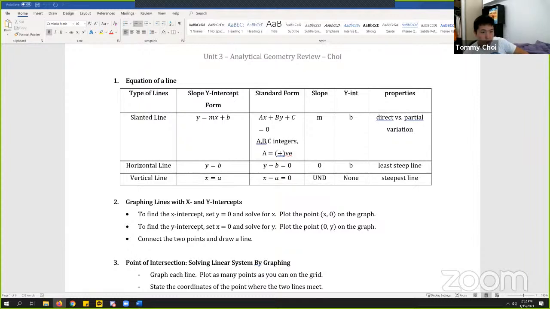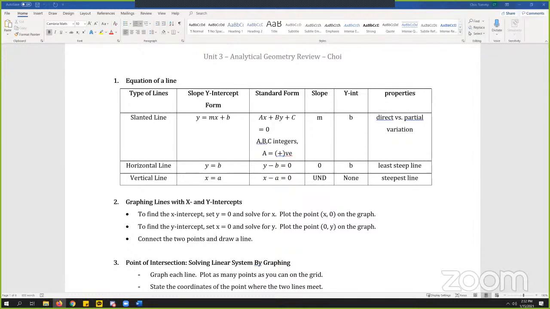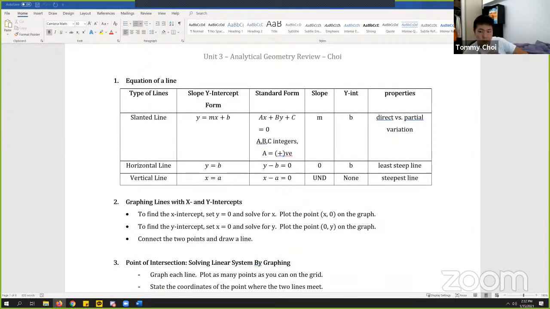So we're waiting on 1, 2, 3, 4, 5, 6, 7, 8. We're missing Sina. Are you good to go? I have no idea. This is our analytical geometry review that you see on my screen. You should have that ready to go right now because we're going to go over it. I'm not sure.